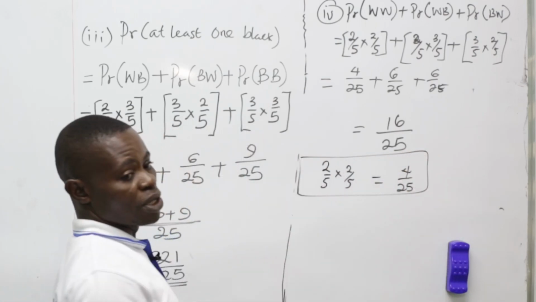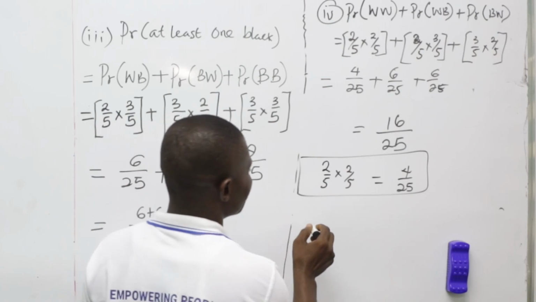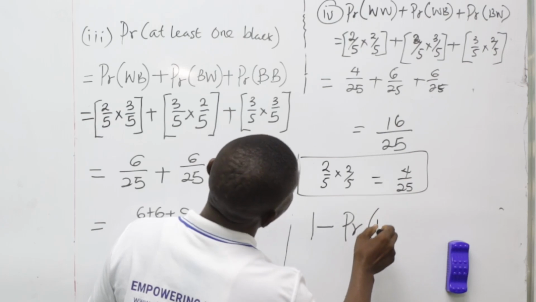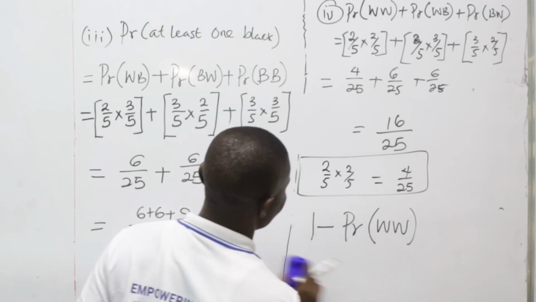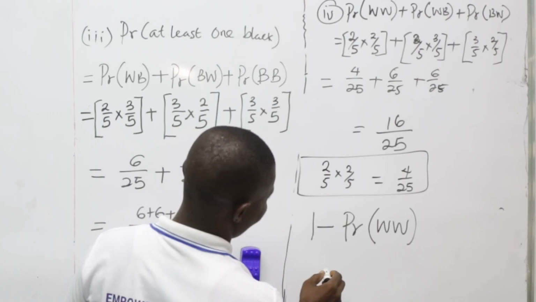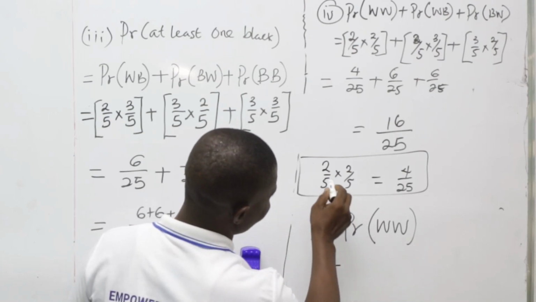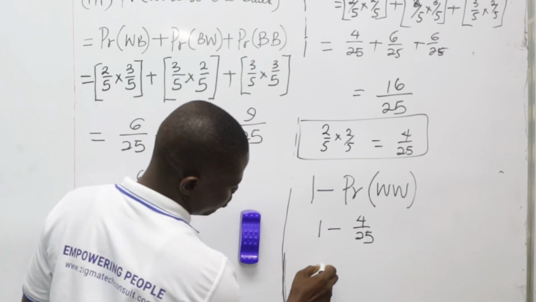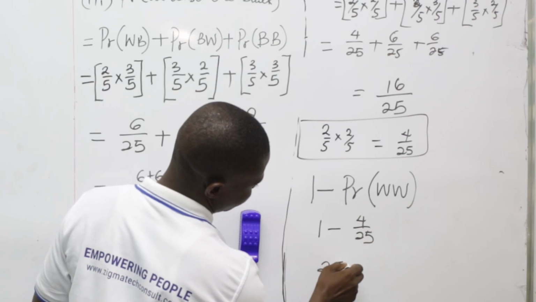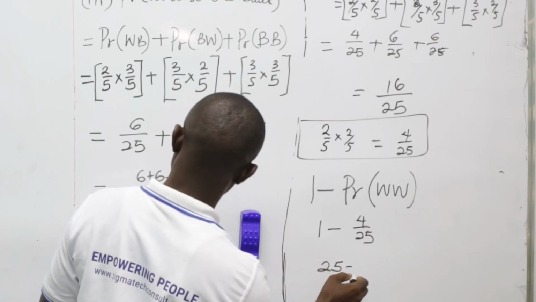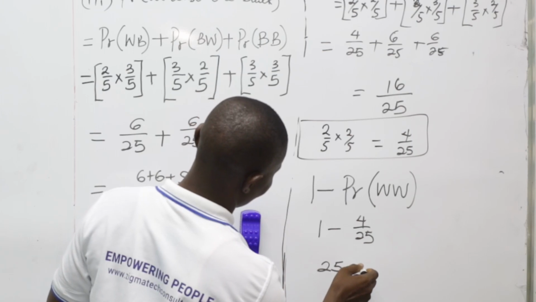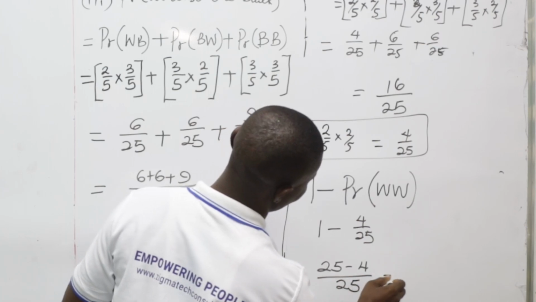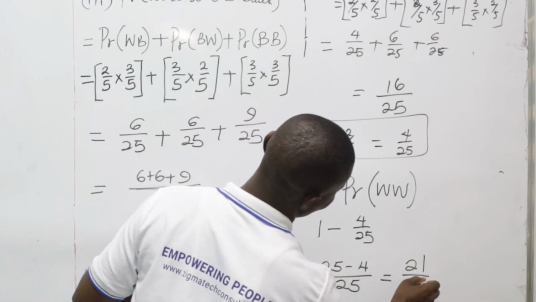Just say the probability of at most 1 black means 1 minus the probability of all white. That is, all white here, 1 minus 2 over 5, 2 over 5, 4 all over 25. This will now give us 25 minus 4 all over 25 equals 21 all over 25.